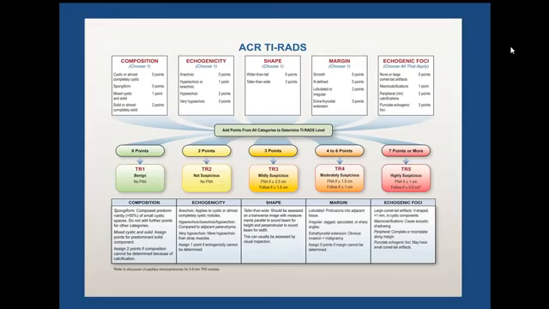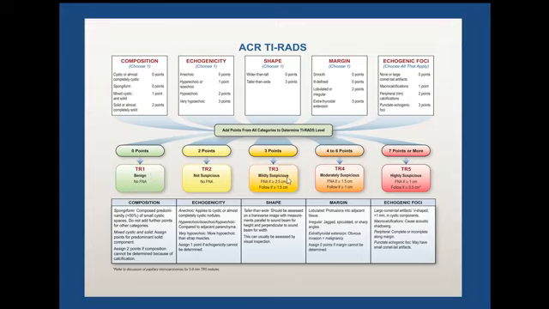Except for the echogenic foci, I can add more than 1 point because a single nodule can have macrocalcification and microcalcification at the same time. So after I add these points, this will give me the TI-RADS level, which starts from TR1 until TR5.